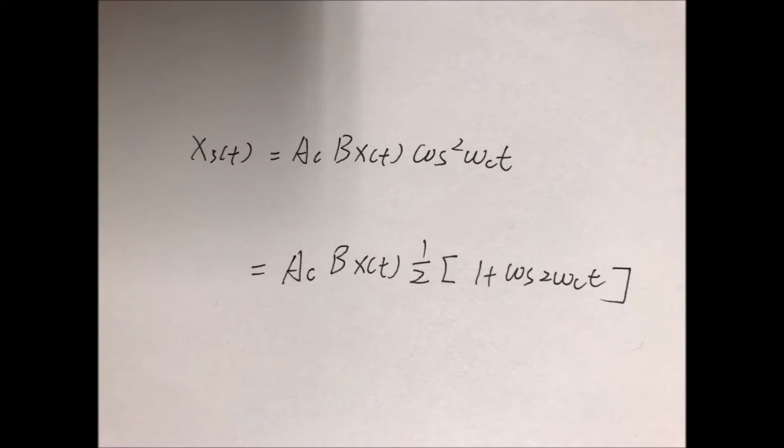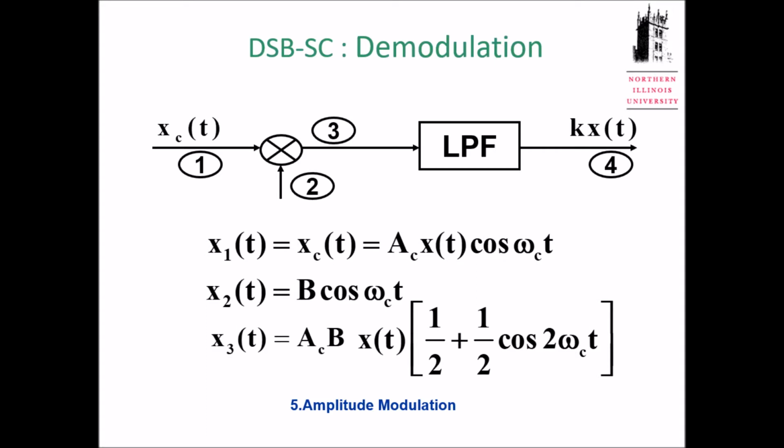We have x(t) cosine square omega c t. So we have A_c B x(t) times one half, right, half, 1 plus cosine 2 omega c t. This is exactly the same as the equation over here.